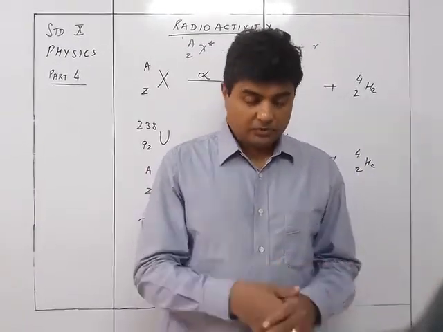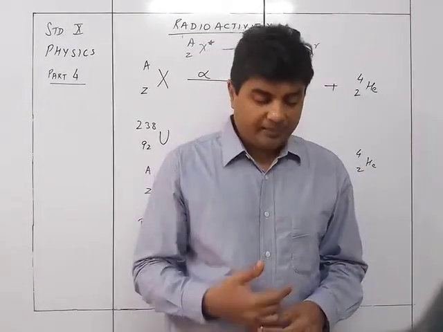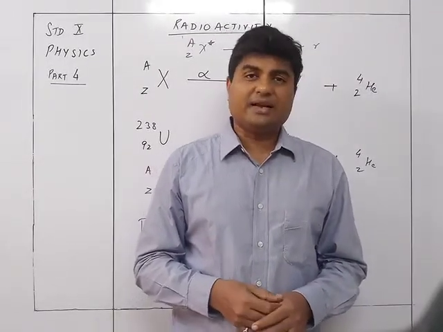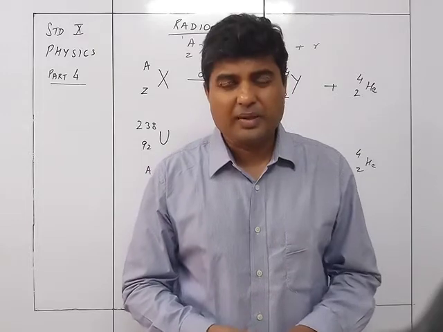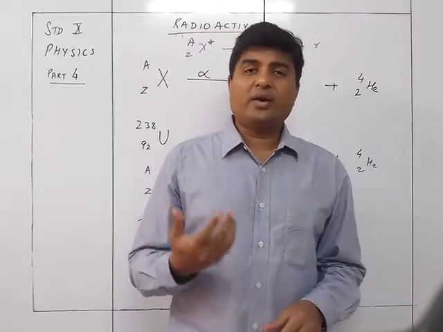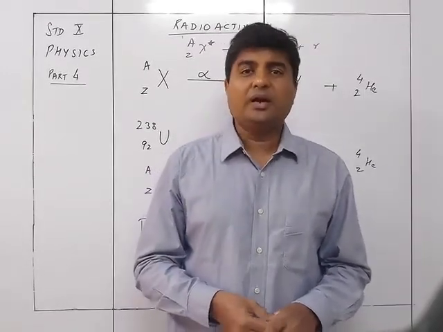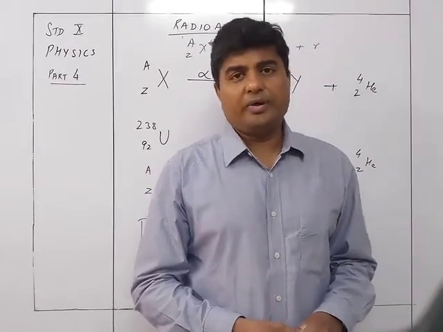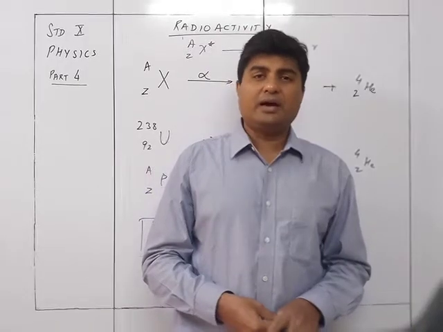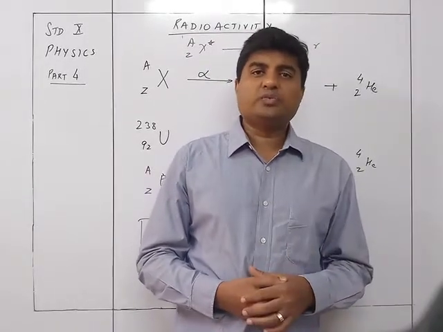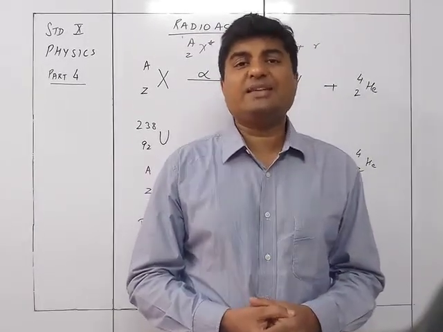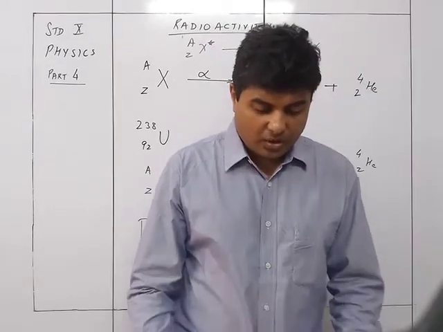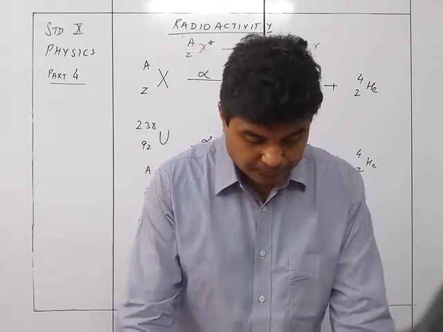Whenever, it is not necessary that only the heavier elements having atomic number more than 82 are going to be radioactive. There are many such elements having atomic number less than 82 and still they are radioactive in nature. So they are called radioactive isotopes.